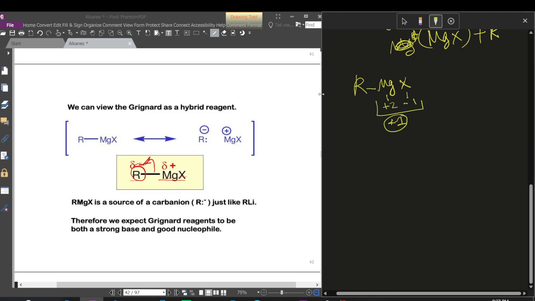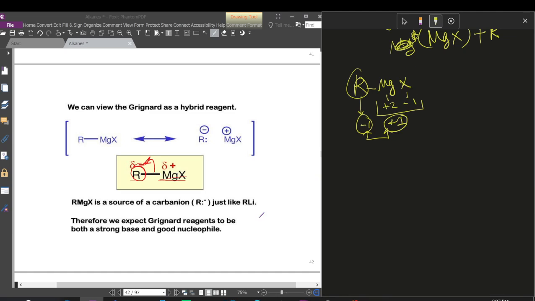If this is plus 1, this must be minus 1 for the equality of the charge distribution. So that's why the alkyl group has a partial negative charge, and the magnesium halide part is partial positive. So we expect that Grignard reagents show both strong base and good nucleophile behavior.